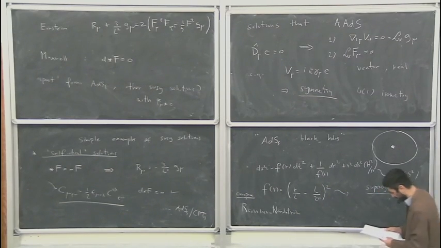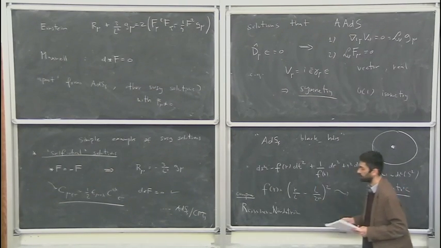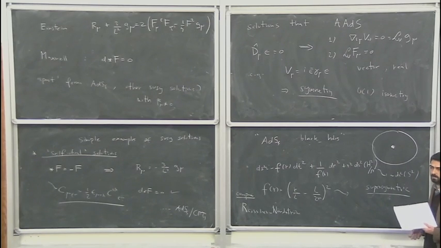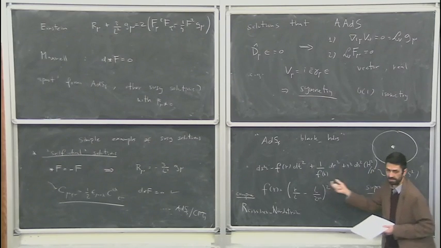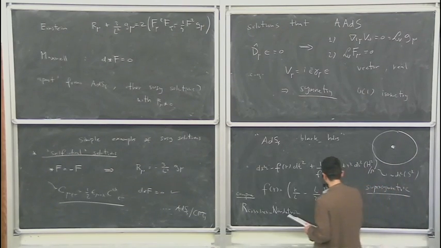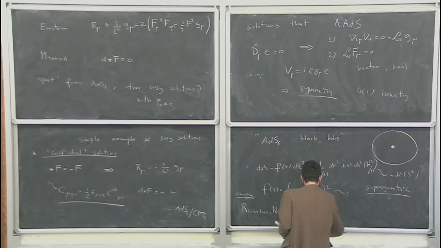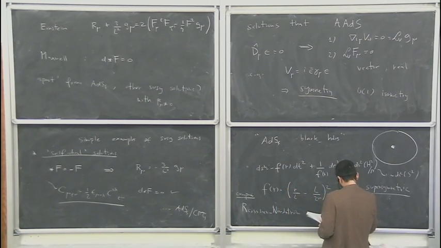So the Reissner-Nordström black hole is also a black hole in 4 dimensions, typically studied in 4 dimensions. It has a spherical symmetry, so it has an S2 factor and only a function of the radial coordinate r. And what is the function? For Reissner-Nordström, it is a function of r which does not have a double root, but a simple root.